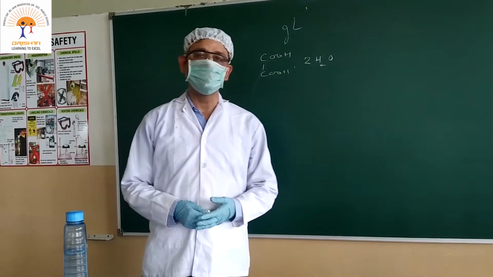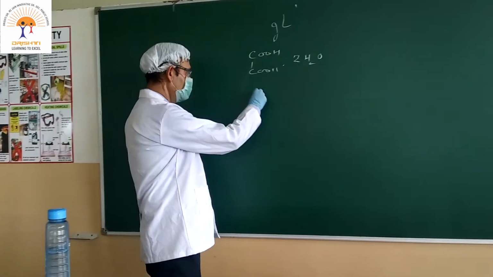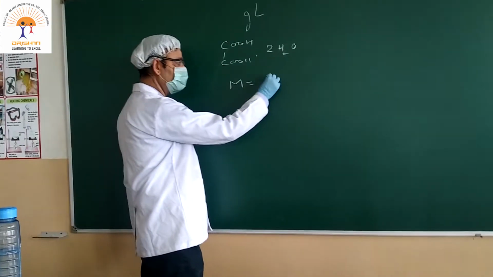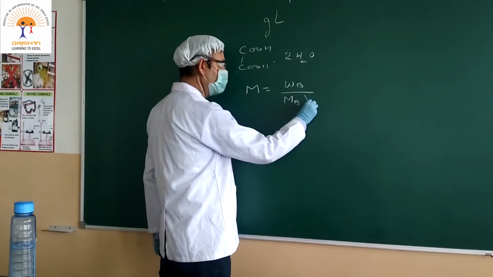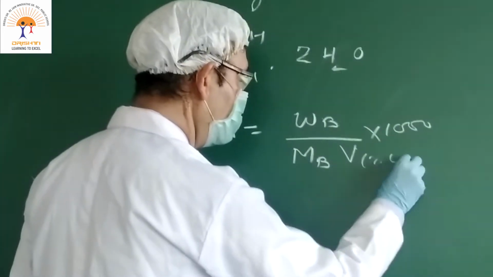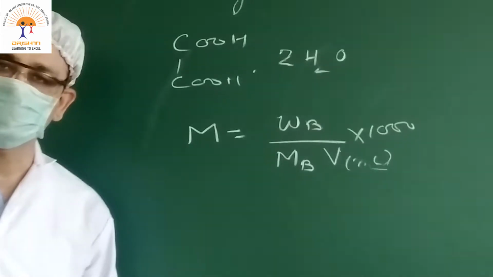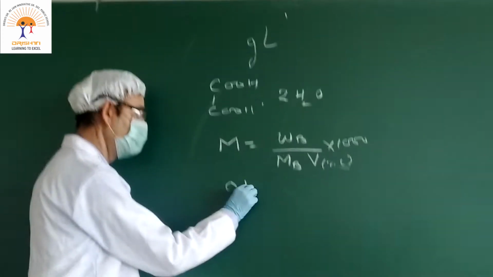You have done the chapter of solutions where you have done the concentration terms. So molarity is equal to number of moles, means weight upon molecular mass, upon volume in milliliter, then I have to multiply with 1000. Molarity I have to make 0.1 molar.